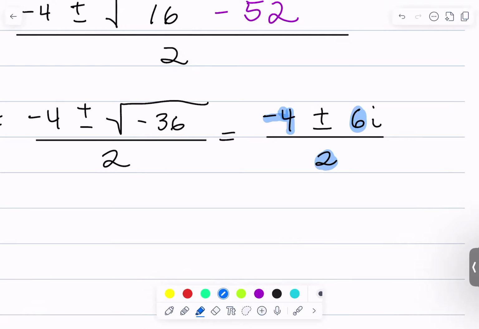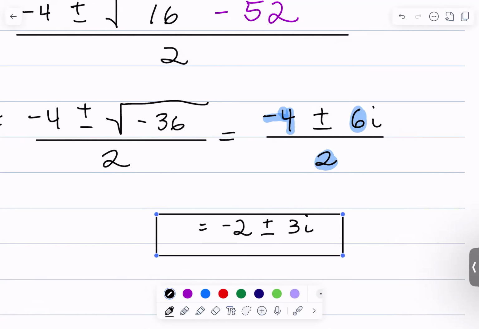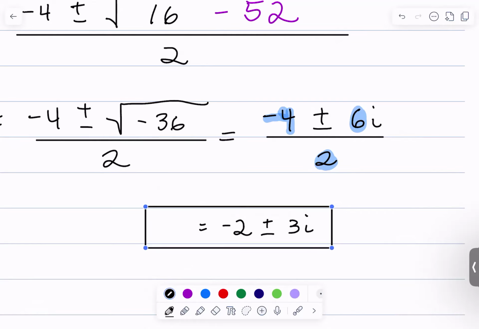Okay, if you can't find the greatest, then you can just do it multiple times. Between 4, 6, and 2, what's your GCF? 2, right? So if you divide everything by 2, the -4 would turn to -2. 6 divided by 2 is 3i. 2 divided by 2 is 1. So that would be your solution here, which is x equals.